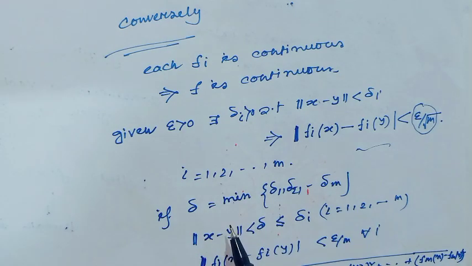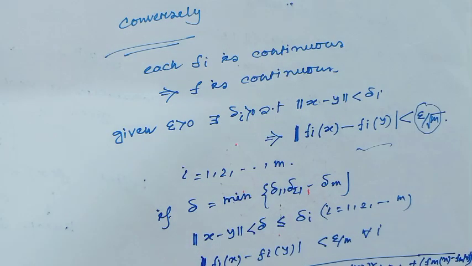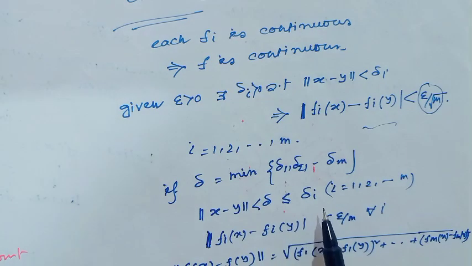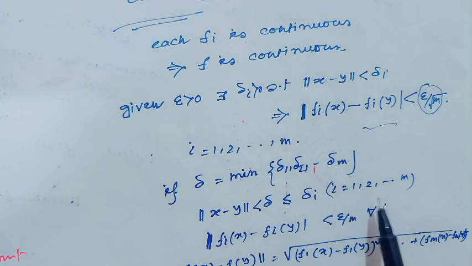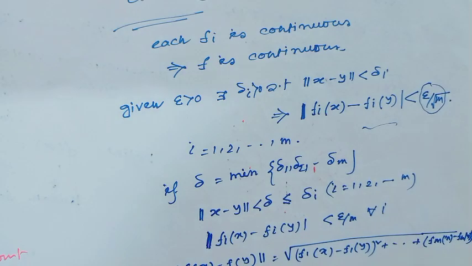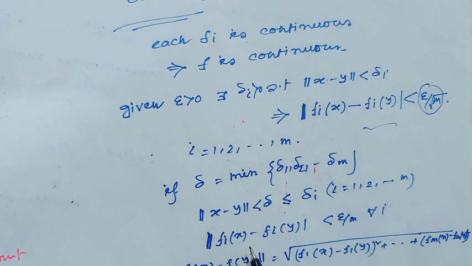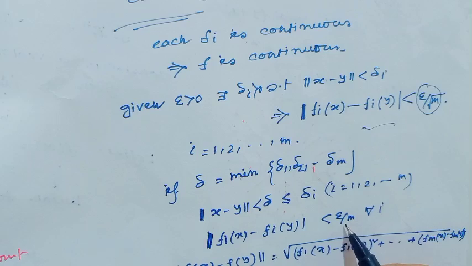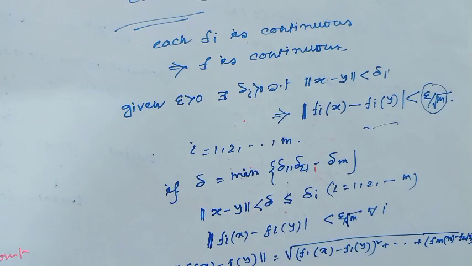So consider delta equal to the minimum of delta 1, delta 2, up to delta m. Then norm of x minus y less than delta, which is less than or equal to delta i, where i equals 1 to m. Then absolute value of fi(x) minus fi(y) would be less than epsilon over square root of m. This is true for all i.